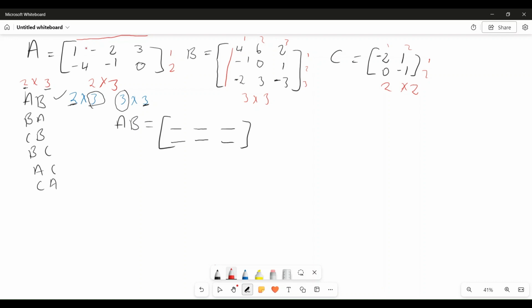That is to say, 1 is going to multiply with 4, negative 2 with minus 1, then 3 with minus 2, and we're going to take their summation. Then that will be filled in on this first entry there.